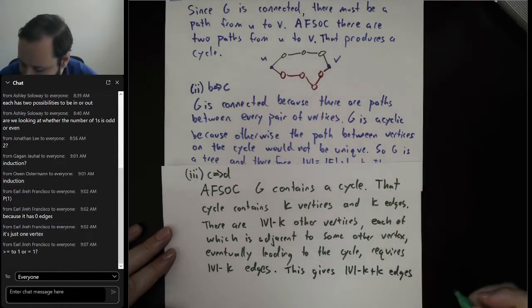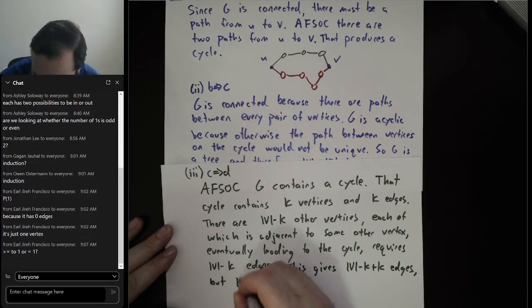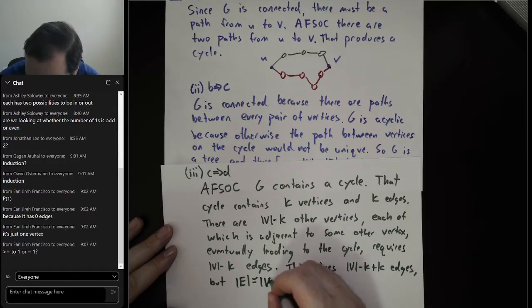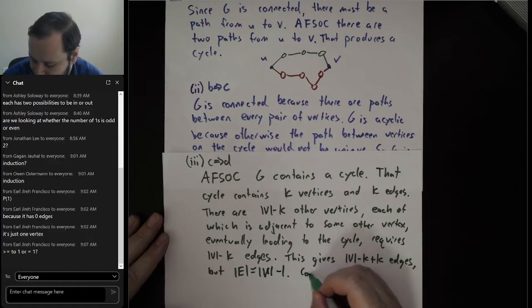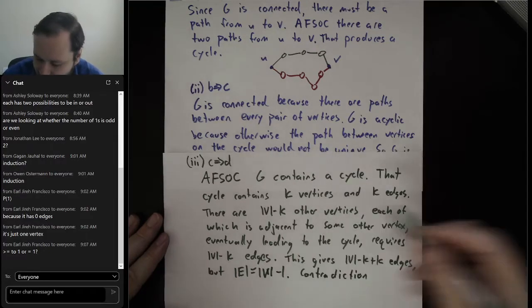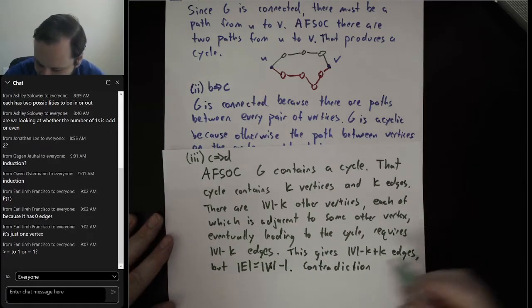Because remember, I had k edges in the cycle, but I don't have that many. But this is equal to size of V minus 1. So that's a contradiction. So if I'm connected and I have the right number of vertices and edges, then I'm also acyclic.